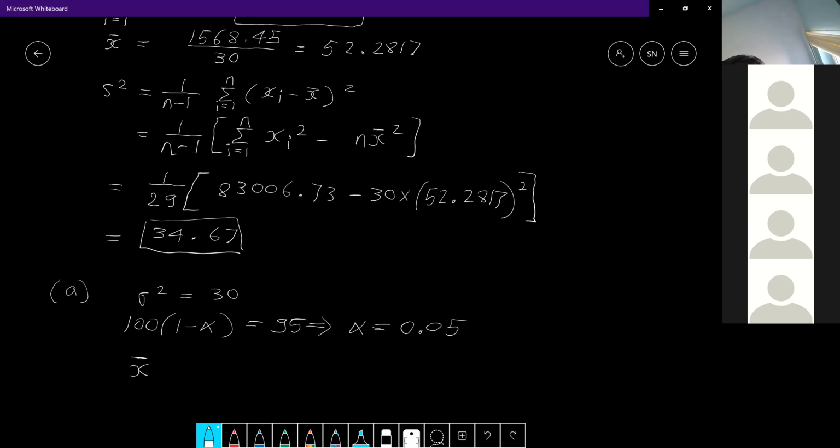You should use the formula that I gave you in the class, which is the following: x bar plus or minus z times sigma by root of n. This is the formula I gave you in the class, you may recall.